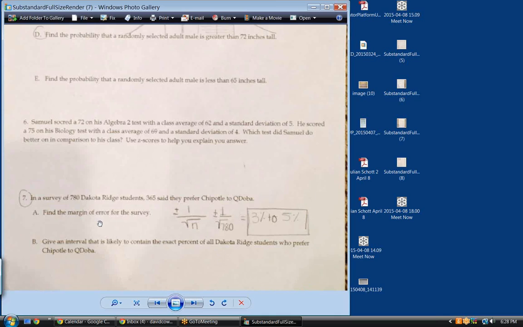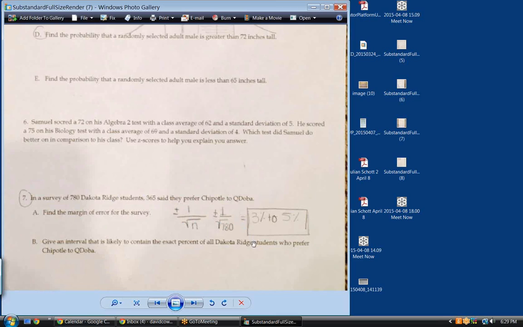Let me look up margin of error. That doesn't seem right to me. Why isn't the answer plus or minus 3.5%, which is what you get when you solve that? Right, so it would just be 3.5. I think so. I don't think my book has margin of error.